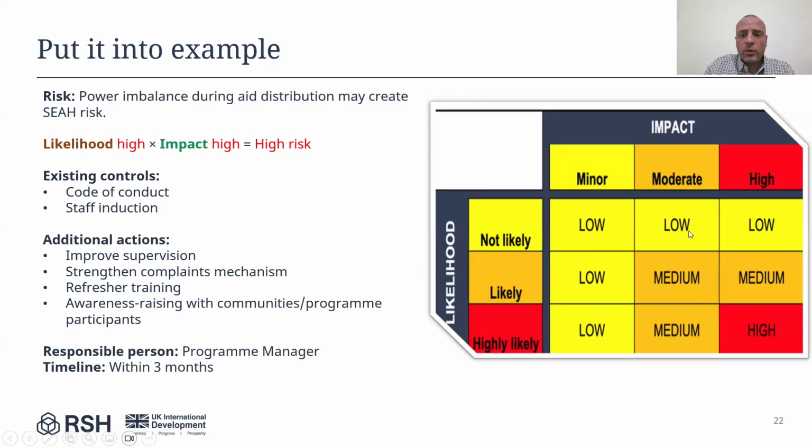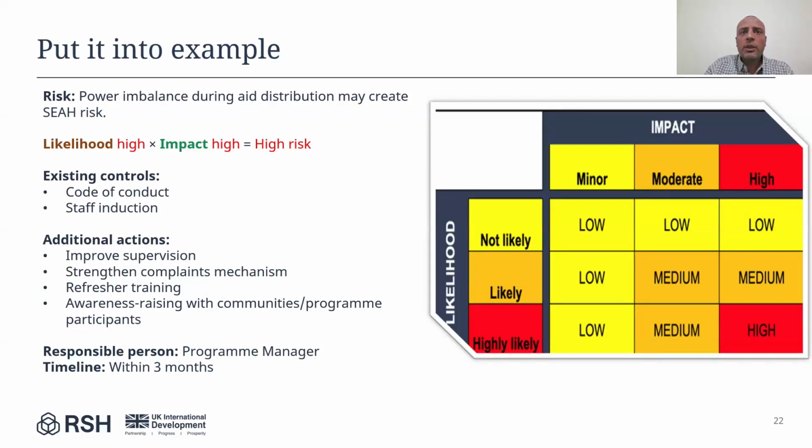So just to put this into an example, imagine that organization X identifies a power imbalance during aid distribution. After assessing the likelihood and impact, the risk is rated high, and the organization records the measures already in place, such as code of conduct and staff induction, and then identifies additional actions, including strong supervision, refresher training, strengthening the complaint mechanism, and awareness raising with the community.